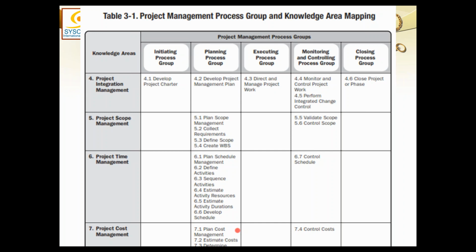Okay, first you created the management plan, then you did the detailed planning. Once you are done with the detailed planning, there is another very important thing, and that is to freeze your plan.